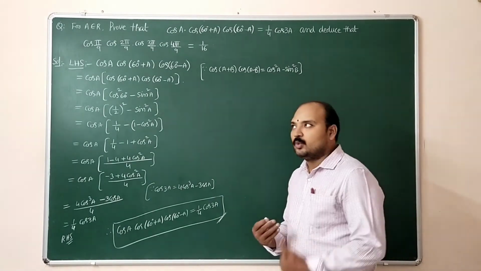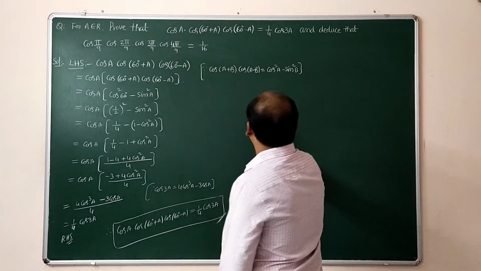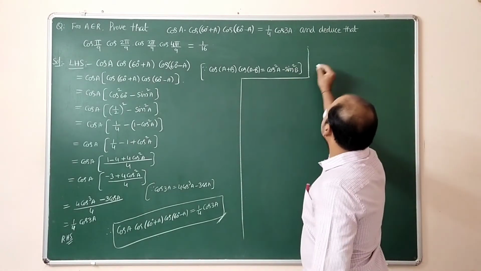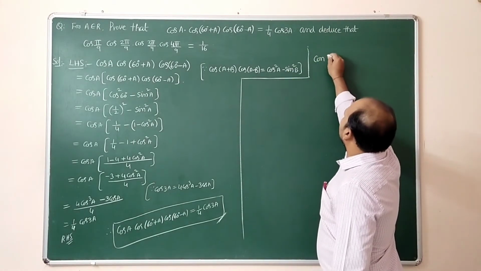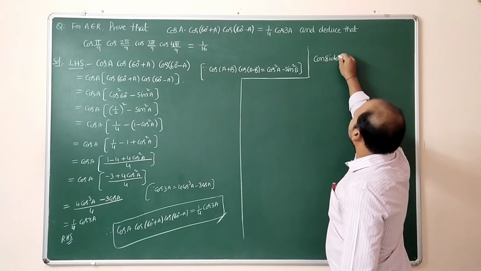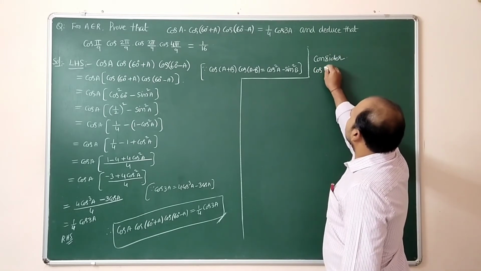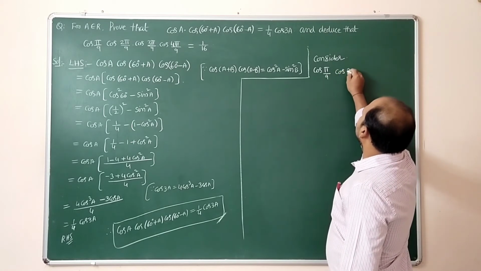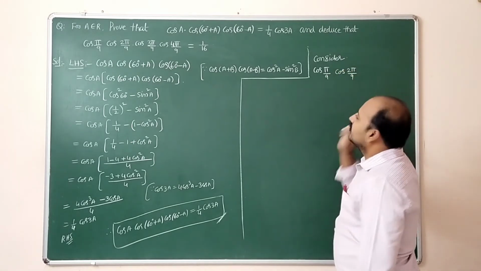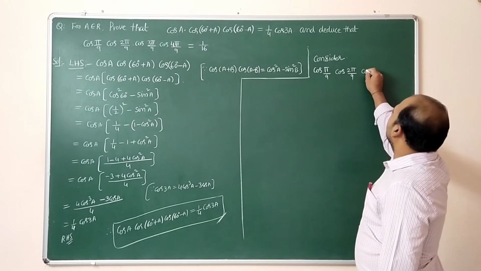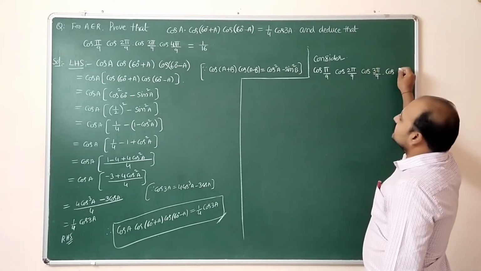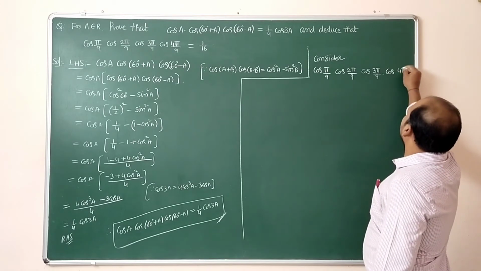After that, what we have to do? Consider LHS of the required. Now consider the second part: cos pi by 9, cos 2 pi by 9 into cos 3 pi by 9 into cos 4 pi by 9.